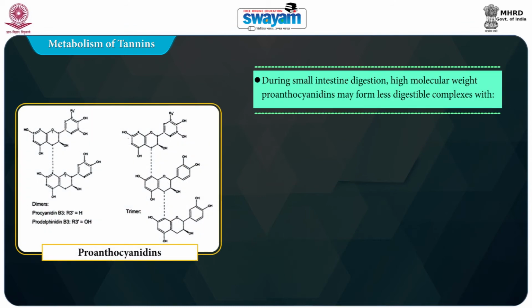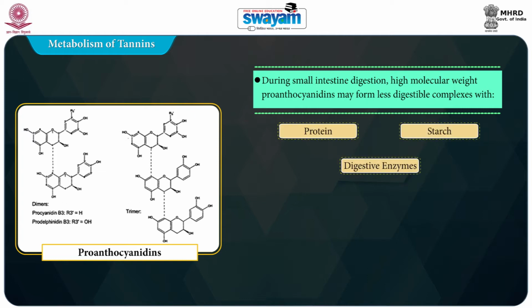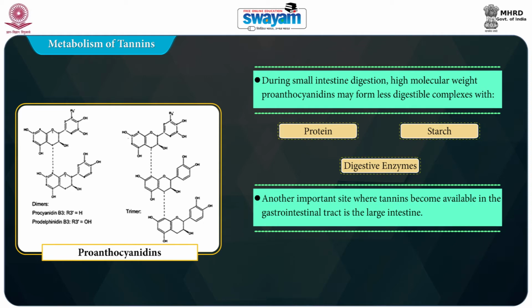During small intestine digestion, high molecular weight proanthocyanidins may form a less digestible complex with protein, starch and digestive enzymes. Another important site where tannins become available in the gastrointestinal tract is the large intestine.